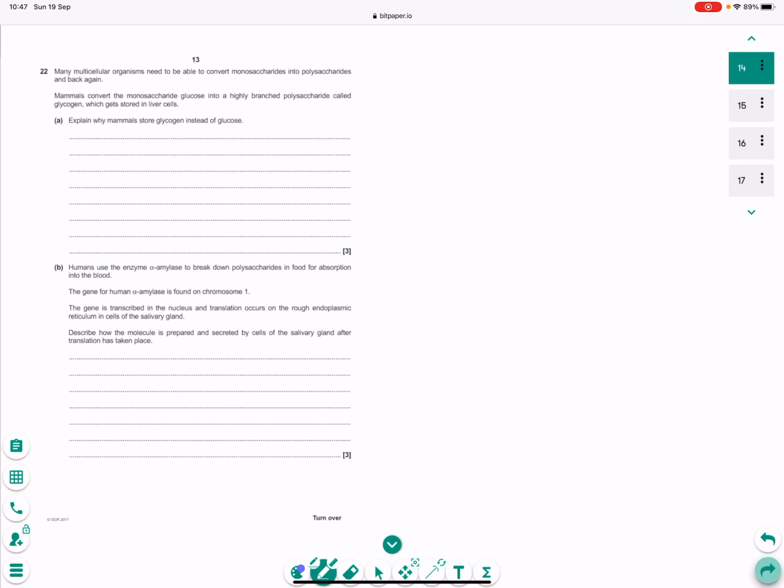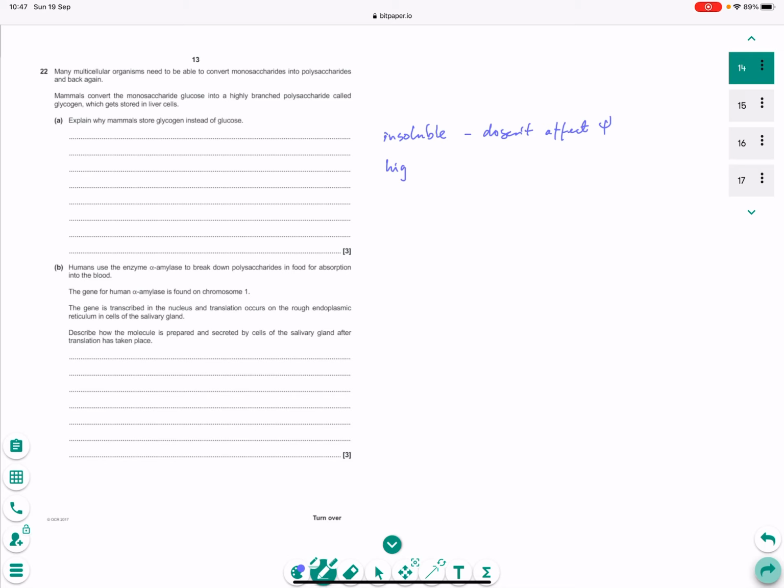Right, it's insoluble. You should just know this, really. You've got to be able to trot this out. And therefore doesn't affect water potential. Otherwise the cell swells up and bursts, so you don't want that happening.